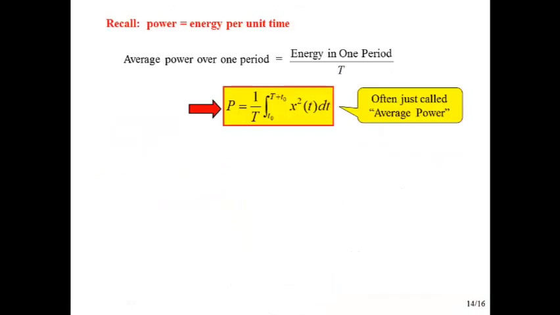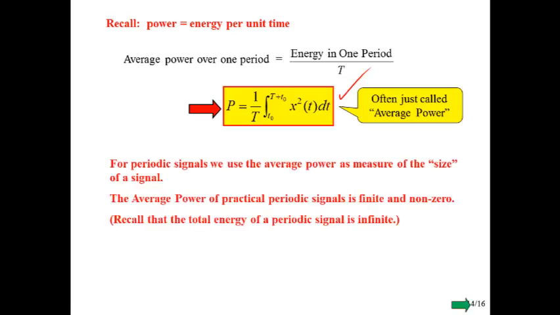So again, recalling that power is equal to energy per unit time, if we were to find the energy in one period of a periodic signal, which we just found, and then divide it by the amount of time there is in one period, we would get the average power in one period. We often just call this the average power of the periodic signal, and we would use that formula to compute it.